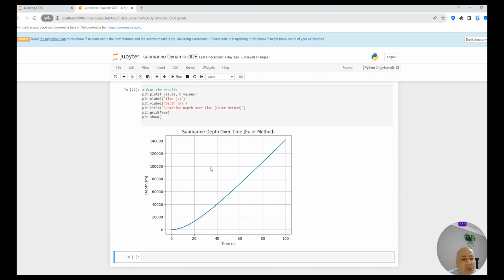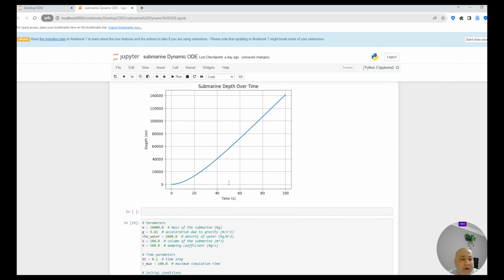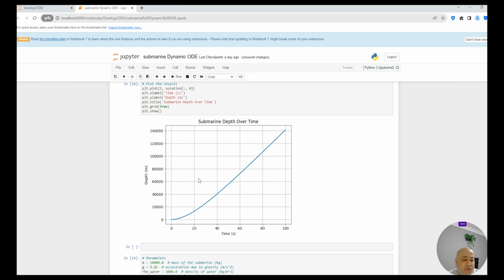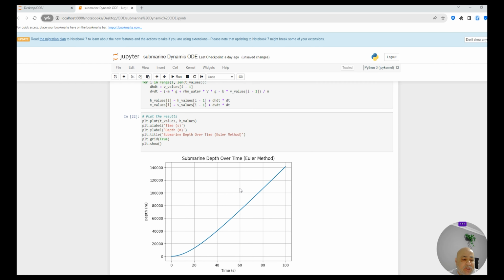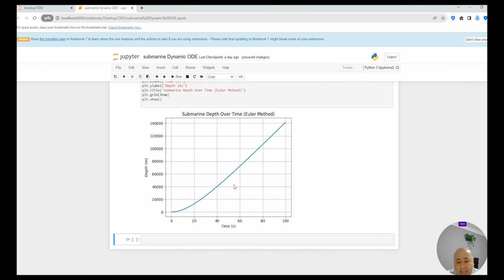Now if you look at this plot and compare it with the plot that we obtained from the solution we did with the ODE function, you can see it's exactly the same solution. So we have managed again to obtain the solution using both methods, which can be very useful for comparison.